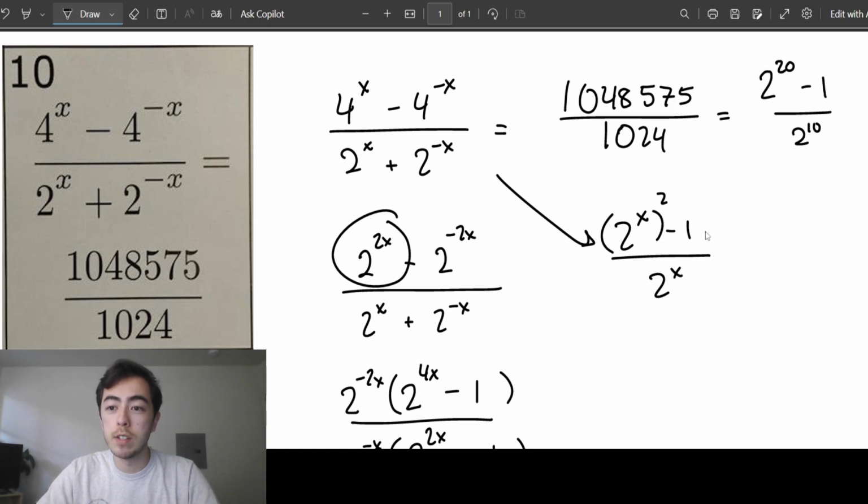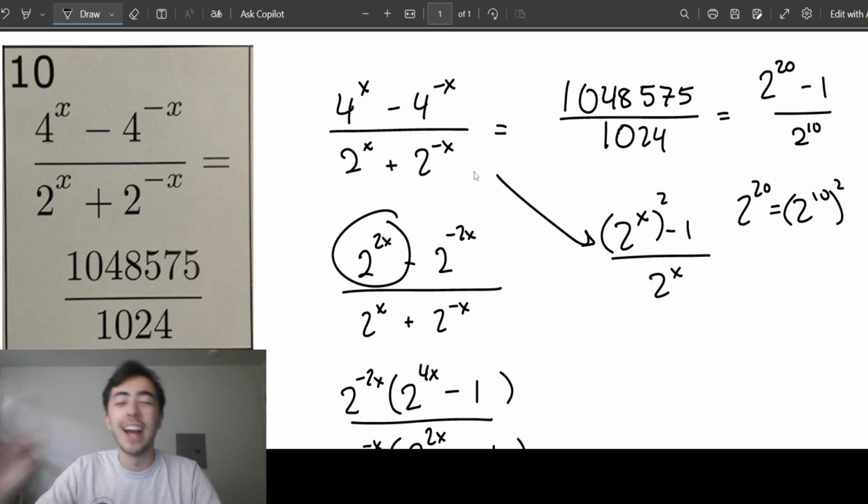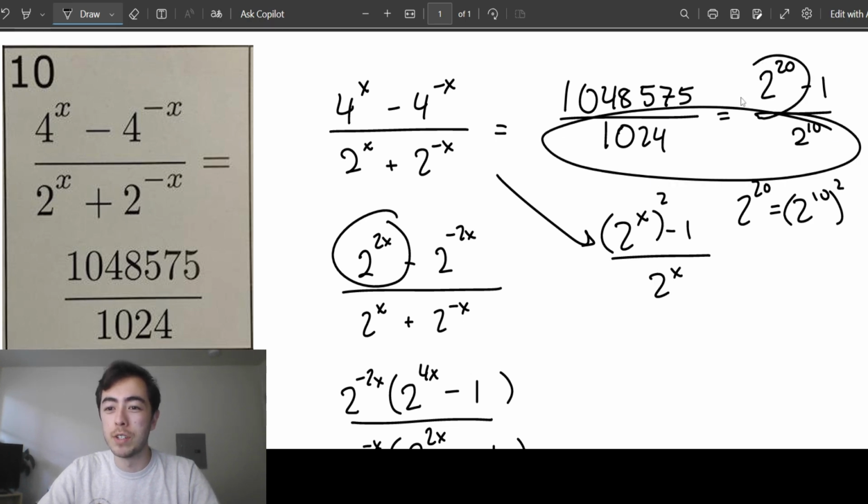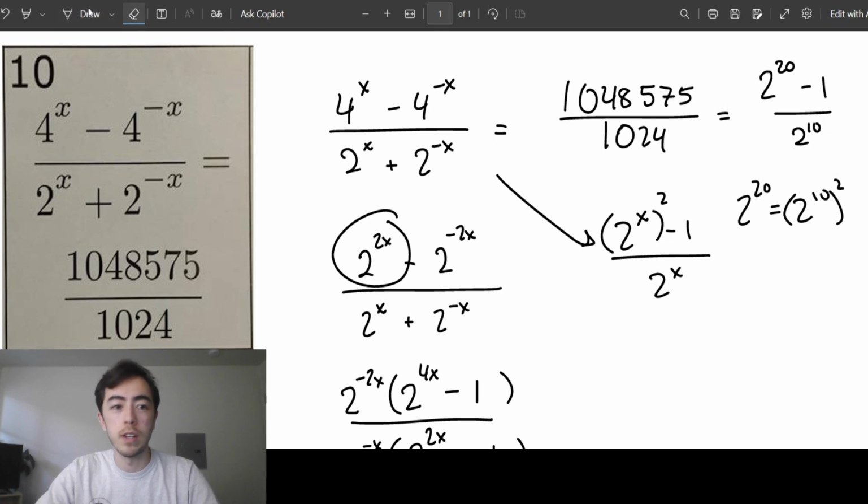But this makes it easier to see that 2 to the power of 20 should just be 2 to the power of 10 squared. And I should show that these two things are equal. Once I prove that these numbers are the same, I could just square 1024 to figure out what 2 to the power of 20 is.